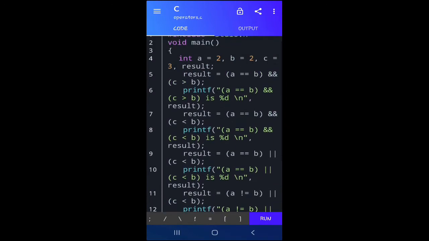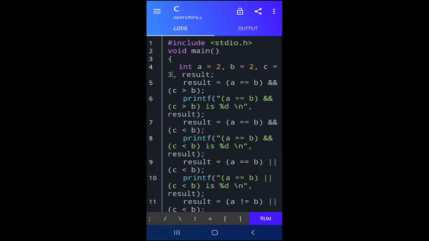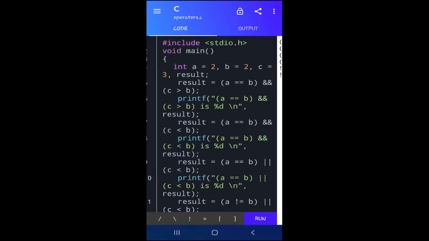Though this program looks as if it is too difficult to understand, believe me guys, this is the simplest program I have found to help you understand the logical operators, and as I explain, you will know how simple this program is, and I hope you can understand it.